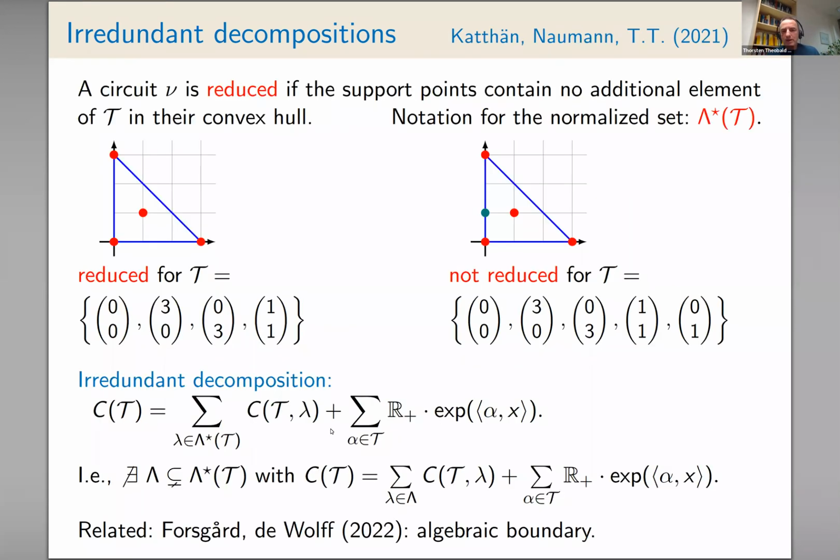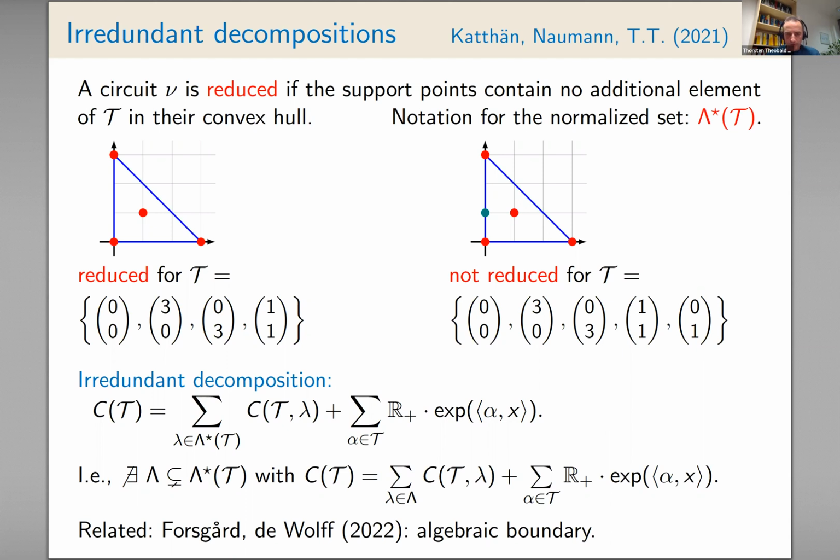And this leads to the strengthening of the concept to the notion of a reduced circuit, a reduced sublinear circuit. And this can be combinatorially described in a very nice way in the unconstrained situation, namely whenever we add, say, a support point in the convex hull of all the existing points, then we can further split the signomial coming from the circuit.